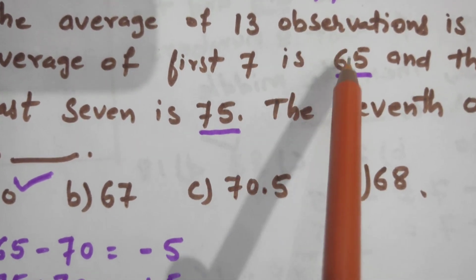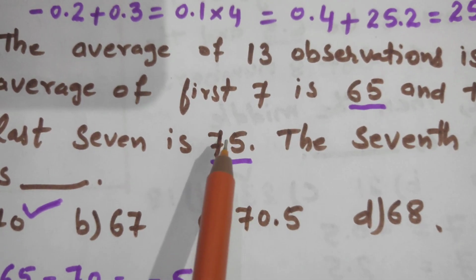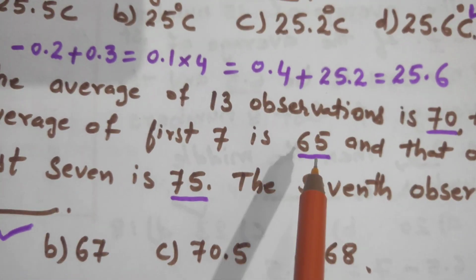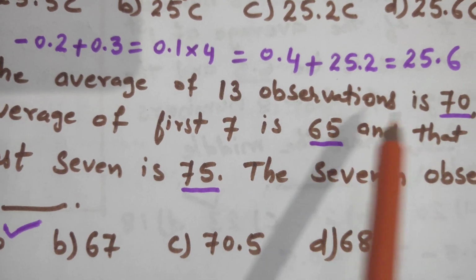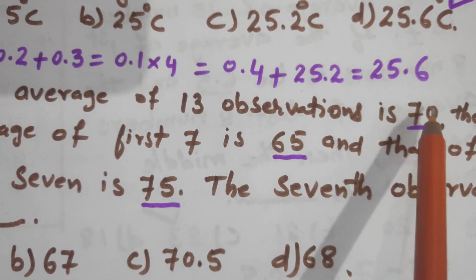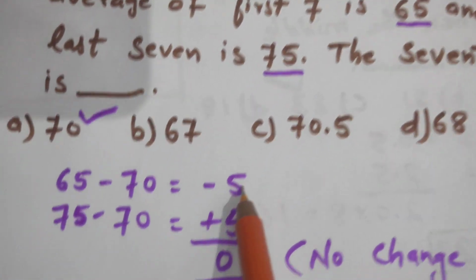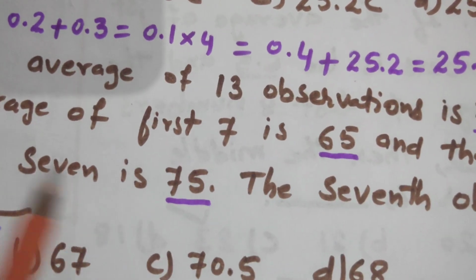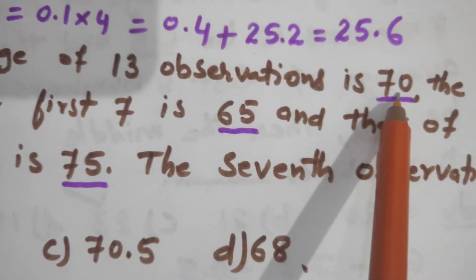While calculating the upper part it is taken into account, and while taking the last part also. So how to find? What will we do? First 7 minus the total observations average, that is 65 minus 70. It will be minus 5. Then last 7 minus again the total observations average.